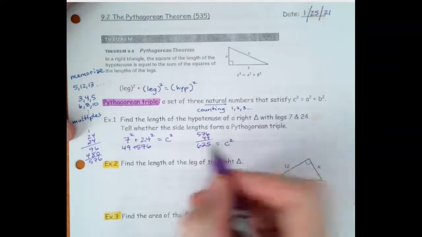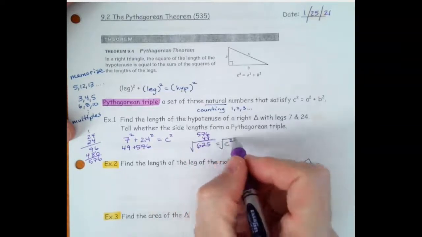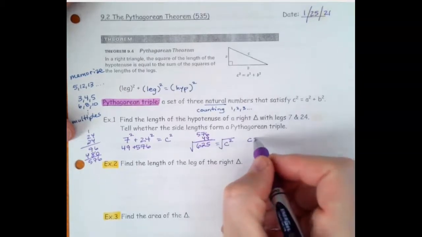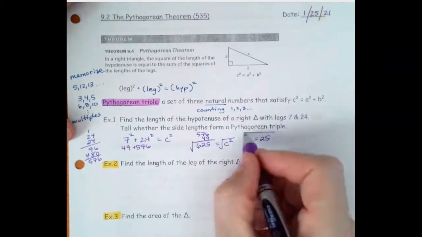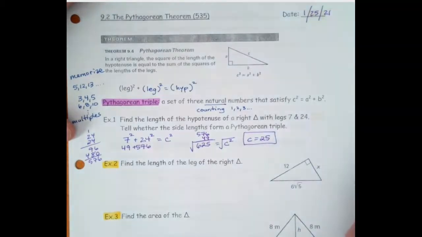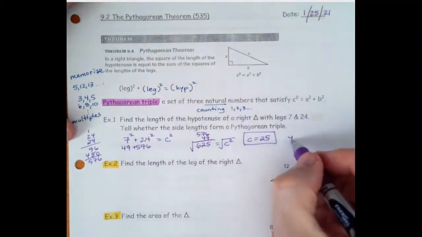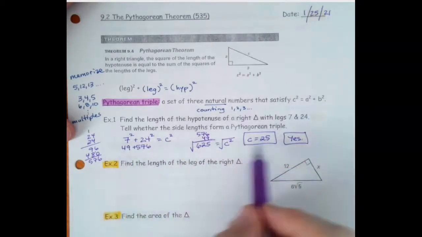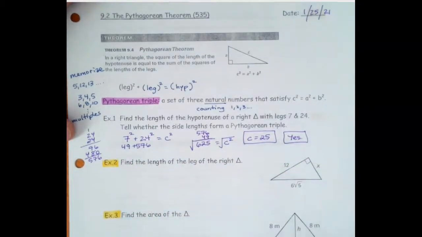So we have 625 equals c squared. So if we square root both sides, then we're going to get c equals 25, and yes, that's a Pythagorean triple because all three numbers are counting numbers, 7, 24, and 25. Okay.